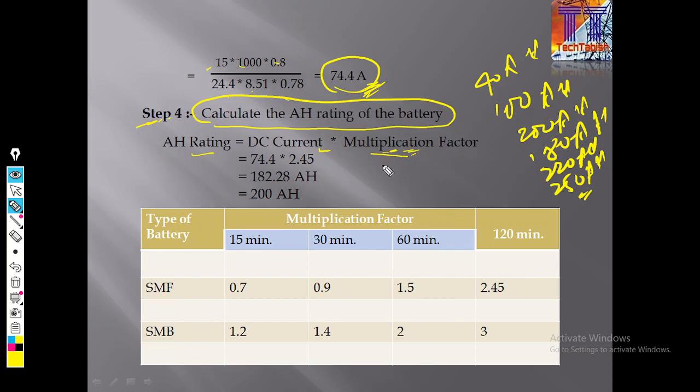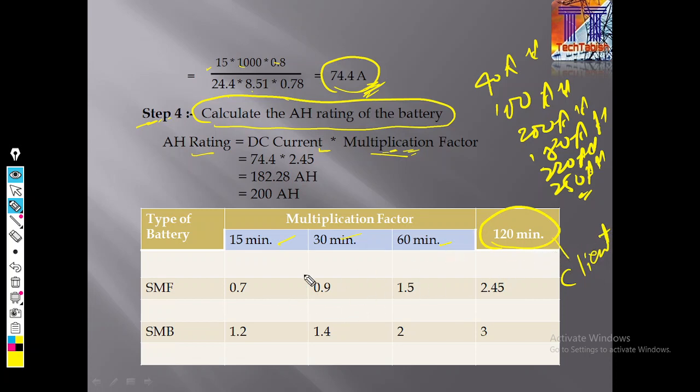This multiplication factor differs with different types of battery, like SMA battery, SMB battery. The multiplication factor depends upon the continuous running time, like 15 minutes, 30 minutes, 60 minutes and 120 minutes. We have to calculate for 120 minutes as per the requirement of the client.